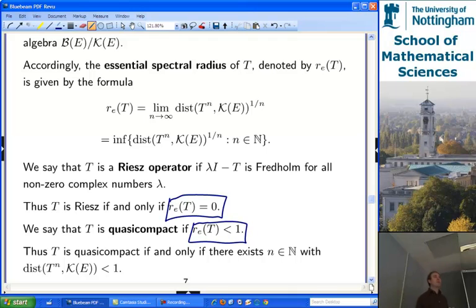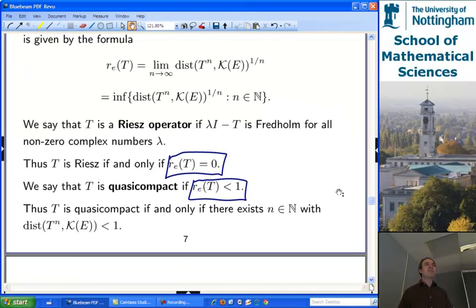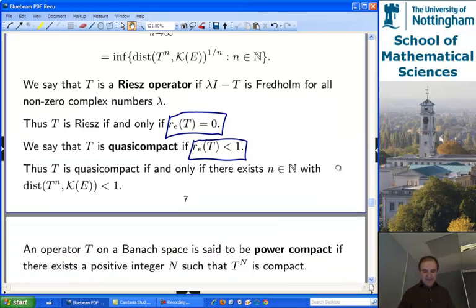That's not the only definition of quasicompact around. They usually coincide for endomorphisms, but since some people say that that's the same as power compact, I don't mean that kind. Power compact is something different.